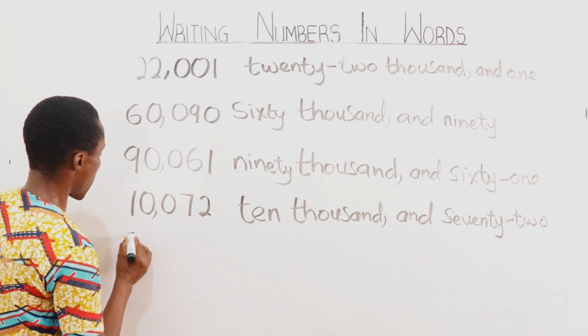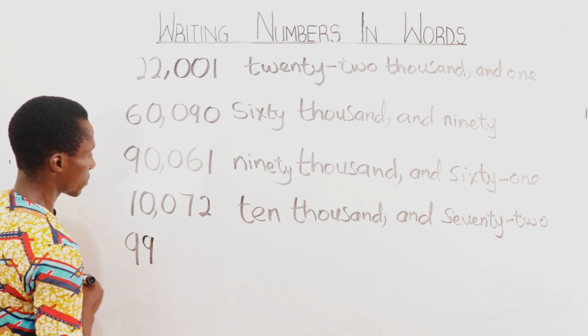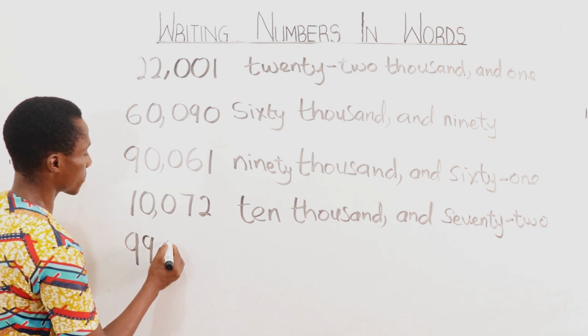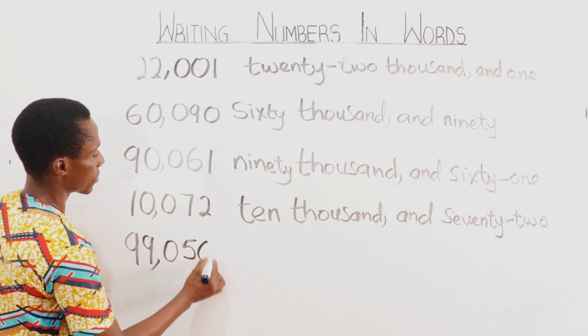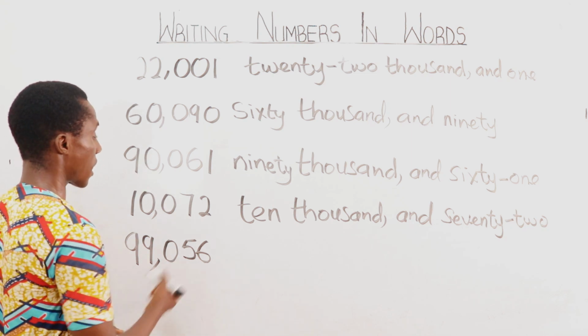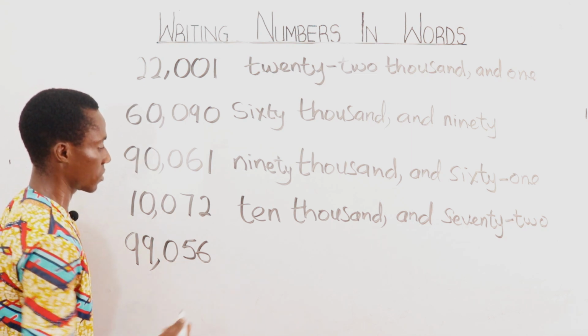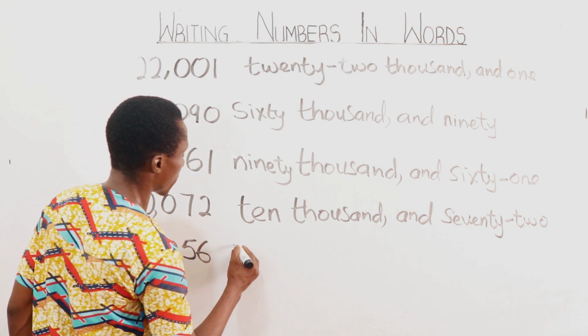Let's look at another example with a compound number in the first two digits. So let's say we have 99,000, okay, 56, 99,056. So 99 is a compound number.